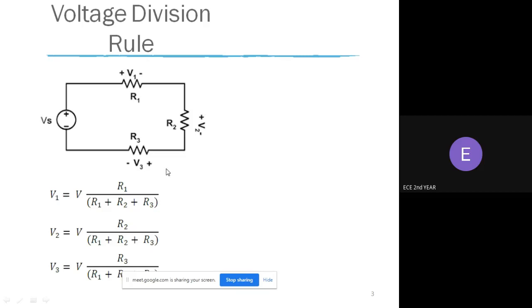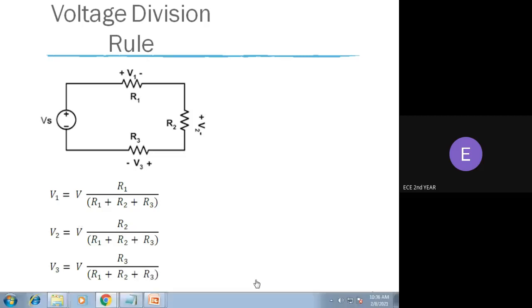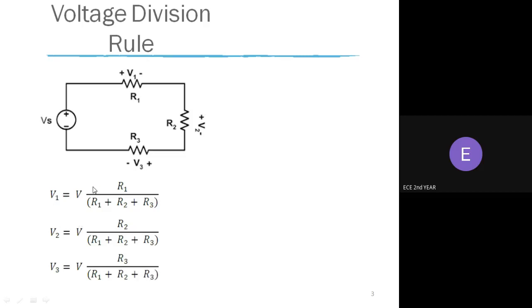So here we will calculate the individual drops by using this formula: V1 is equal to total voltage into the individual resistance divided by the total resistance. According to this formula, we form the equations for V1, V2 and V3.